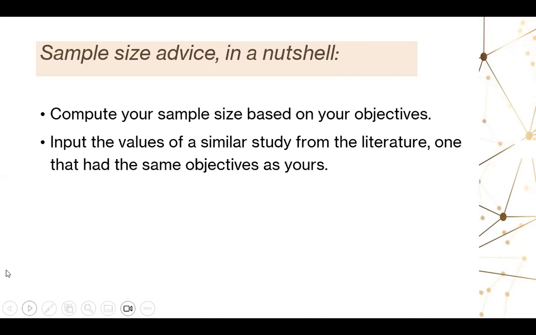Compute your sample size based on your objectives, and then input the values using the proper or correct formula. Input the values of a similar study from the literature, one that had the same objectives as yours.